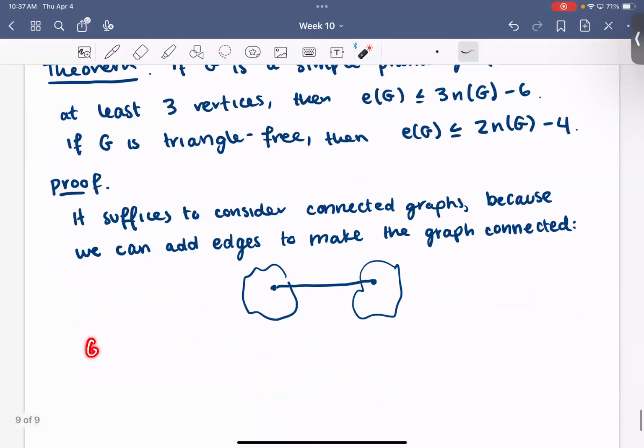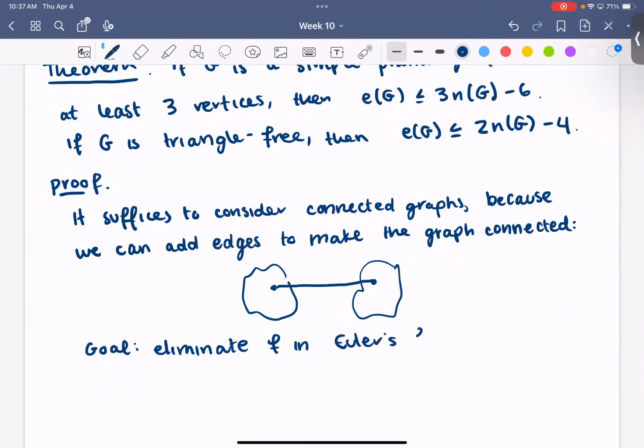Our goal is to somehow eliminate F in Euler's formula to get a relationship between E of G and n of G.